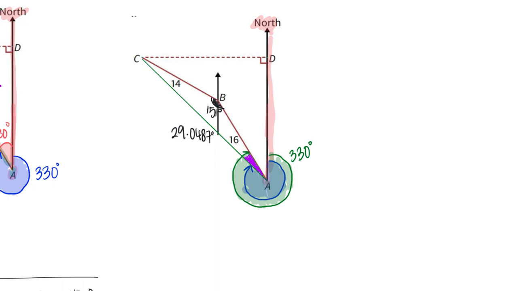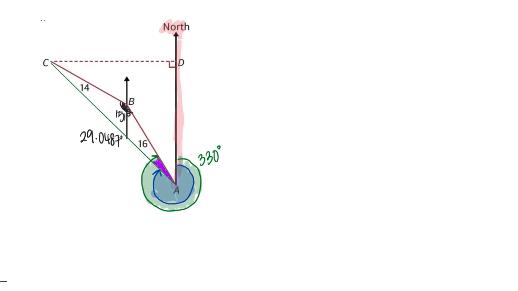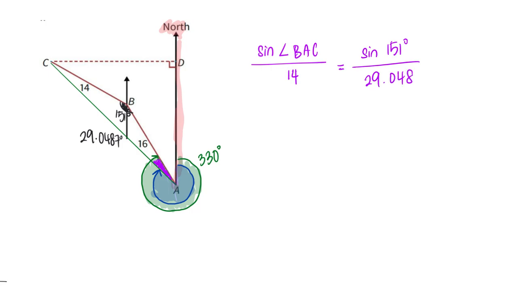So applying sine rule, sine of angle BAC over 14 equals sine of 151 degrees over 29.0487.